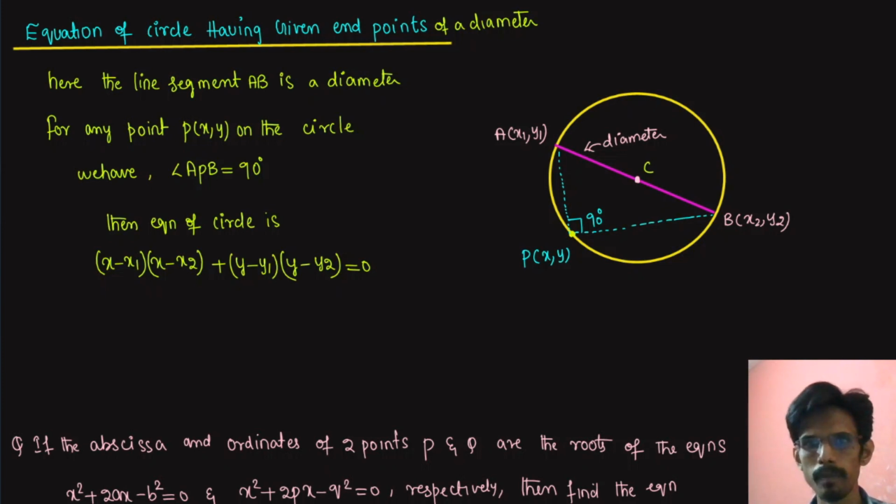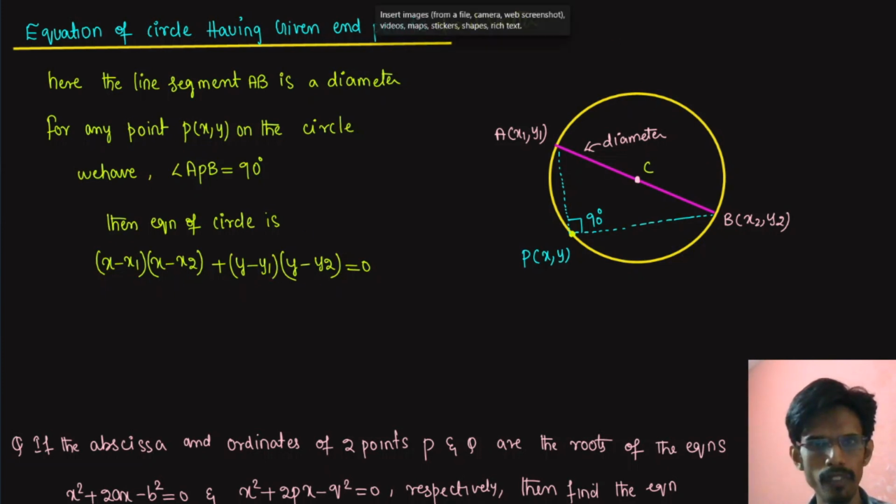By using the slopes of these two lines PA and PB, we get the equation of the circle, that is (x minus x1)(x minus x2) plus (y minus y1)(y minus y2) equal to 0.